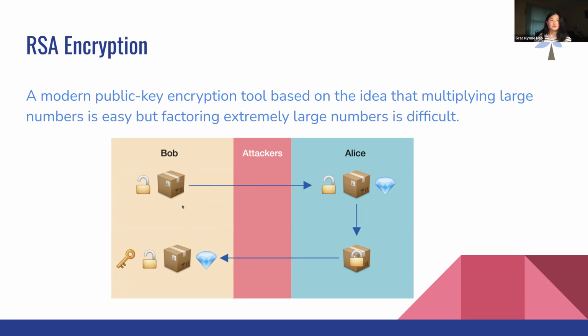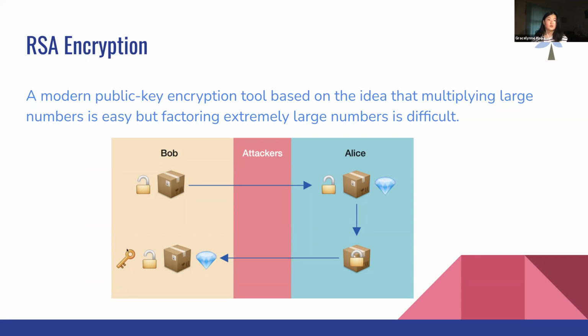Now we're only going to talk in the context of this example, but let's say Bob sends this box and open lock to Alice. And the diamond is a message, or just a diamond that she wants to send to Bob. So taking Bob's box and lock, she can put the diamond inside the box, lock the box, and then send the box back to Bob.